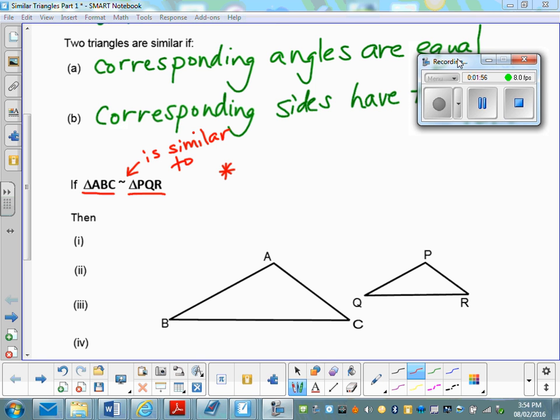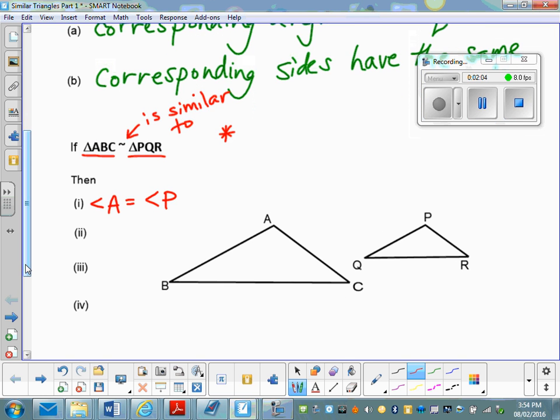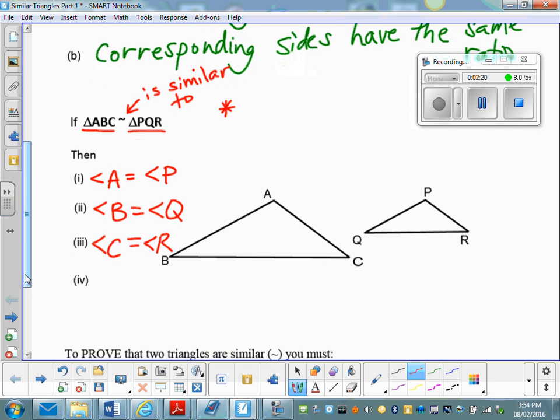So then we know that angle A is equal to angle P. They have to be exactly the same size. Angle B is equal to angle Q. Angle C is equal to angle R. So those are the angles. The corresponding angles are equal.